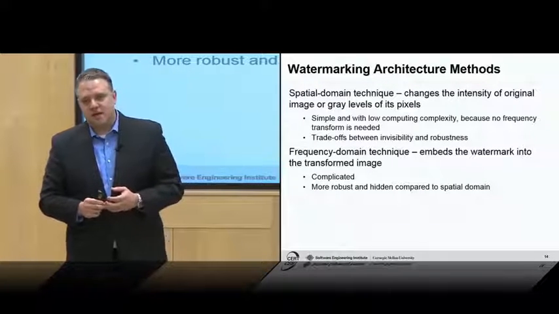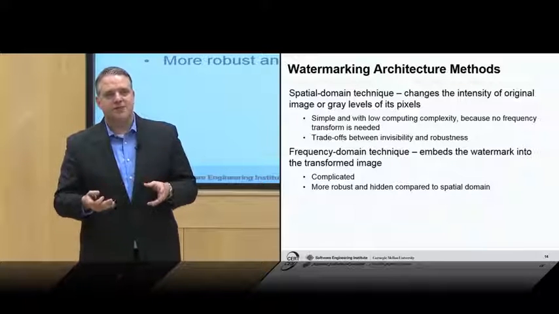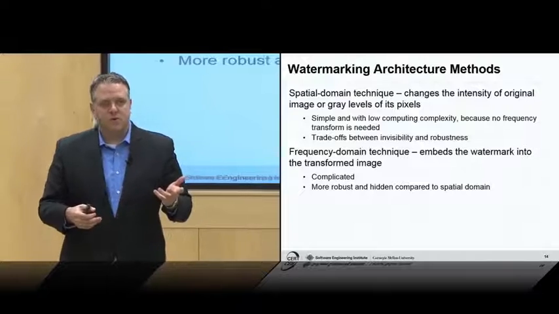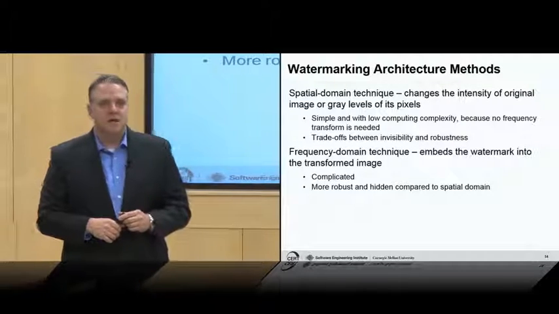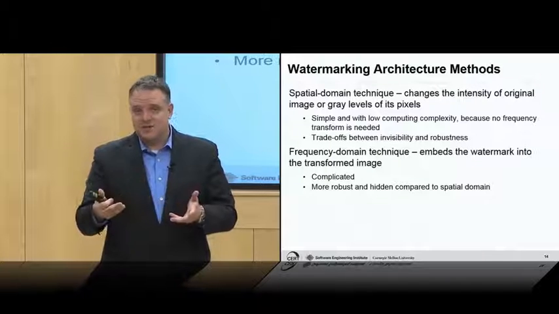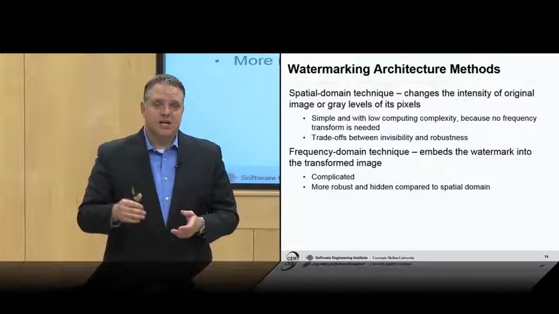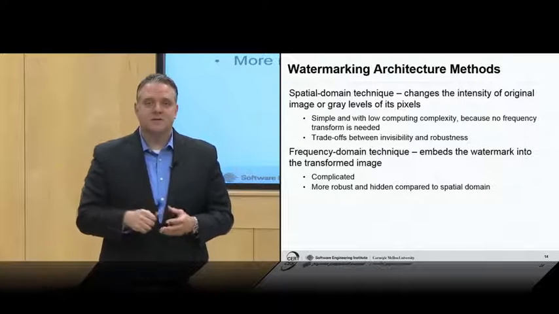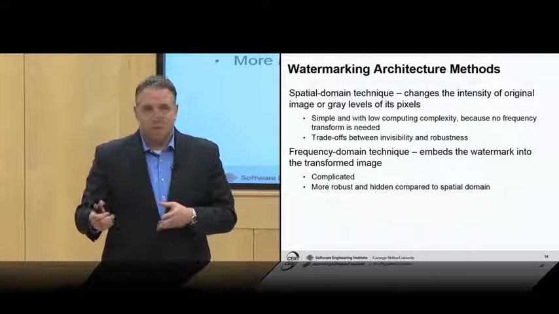For architecture methods, there are a couple different ways of adding information to a file. You can do this through spatial domain techniques, which change just the color of pixels in an image, let's say, or change the intensity of a color in a pixel in a picture.